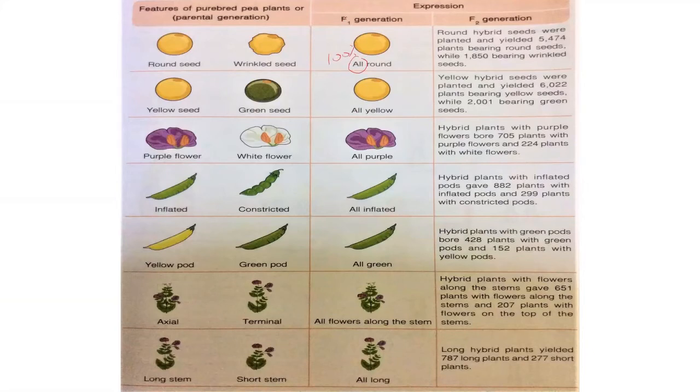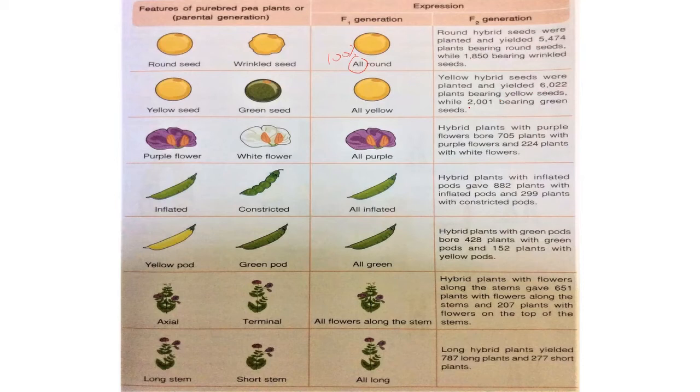However, in your second generation, it yielded two results. For example, for round versus wrinkled seed, it was observed that there were 5,474 round seeds and 1,850 wrinkled seeds, and for yellow color, there were 6,022 yellow seeds and 2,001 green seeds.